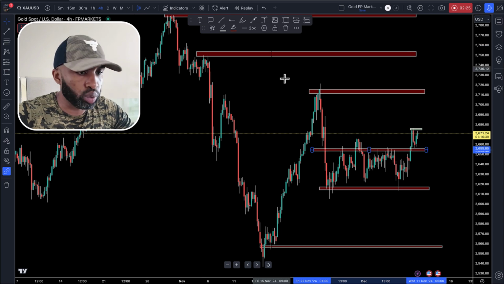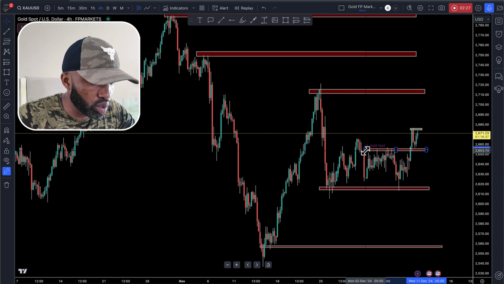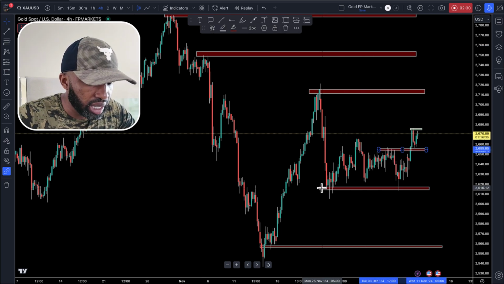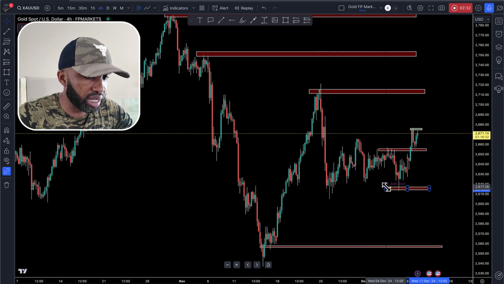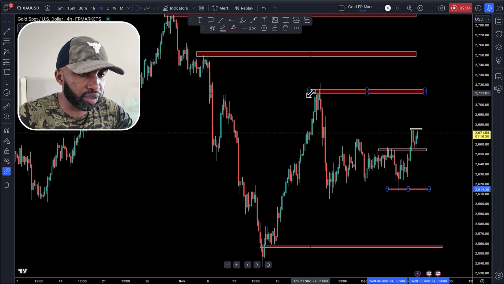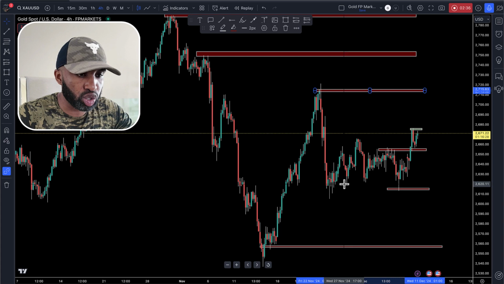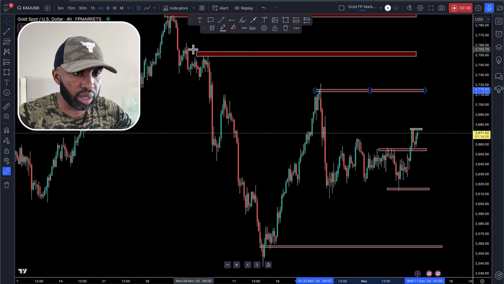This helps me to do what? It helps me to be able to know exactly where price is at without going back and forth. Because remember, the higher the time frame, the stronger the zone. Capish?